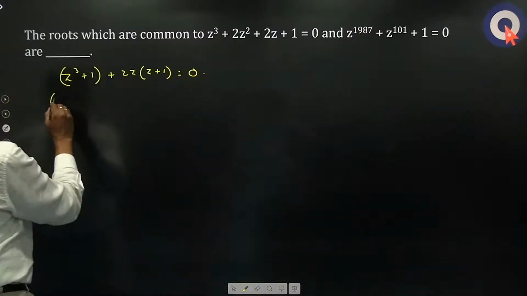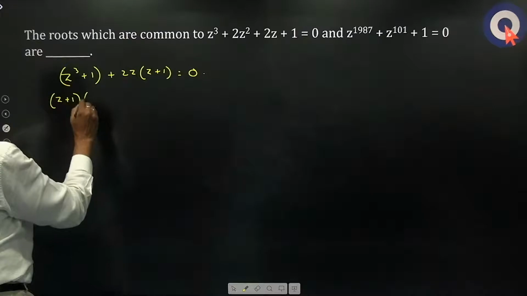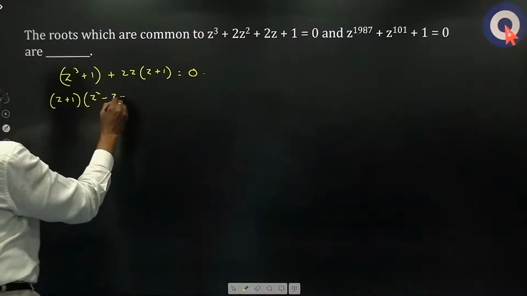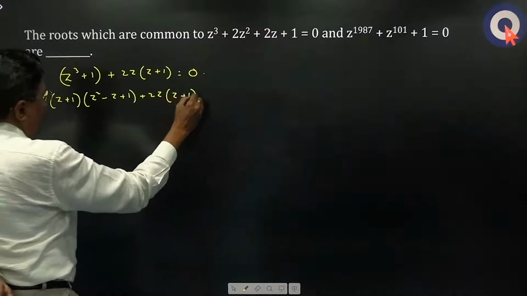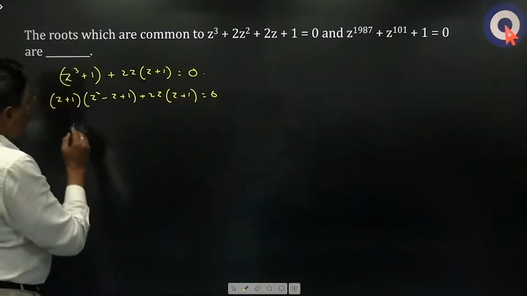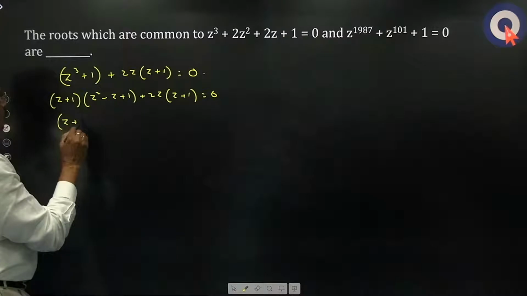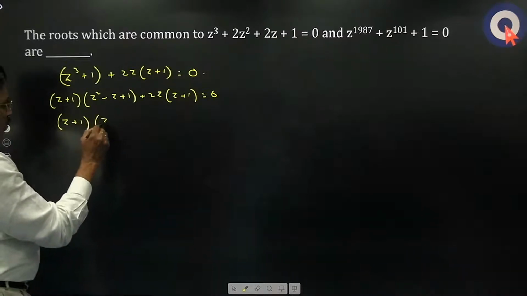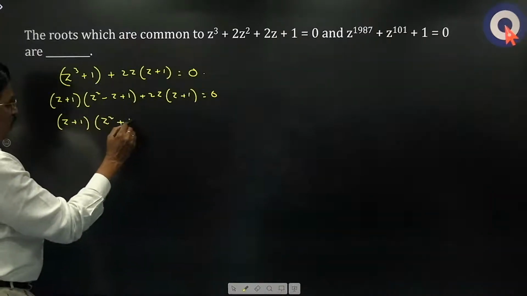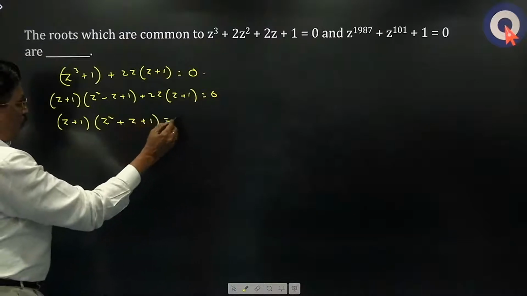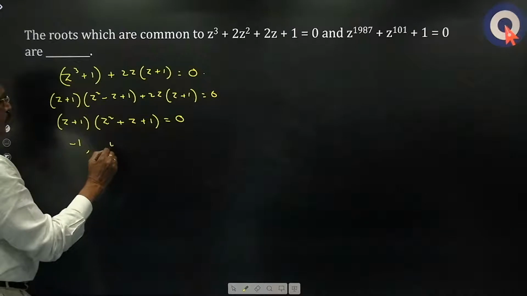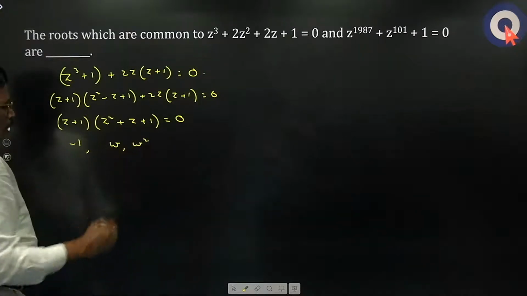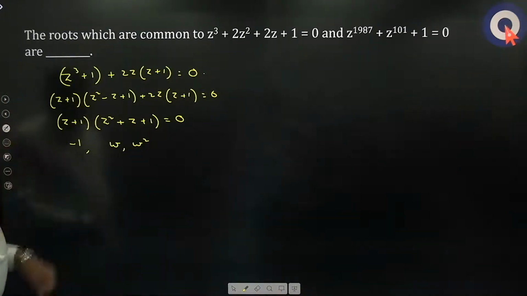So we have z plus 1 into z square minus z plus 1 plus 2z into z plus 1 equal to 0. You can take z plus 1 common: z plus 1 into z square minus z plus 2z, which becomes z plus 1, is equal to 0. So from this, minus 1 is one root, and here we get omega square, where omega is the complex cube root of unity.